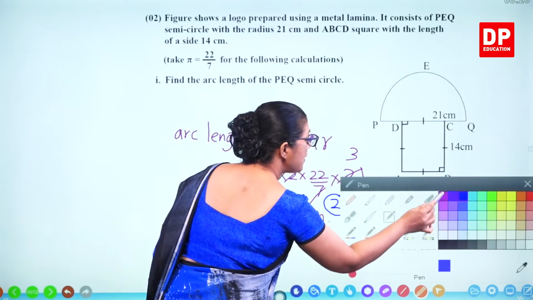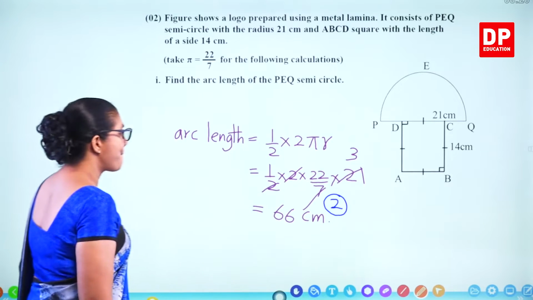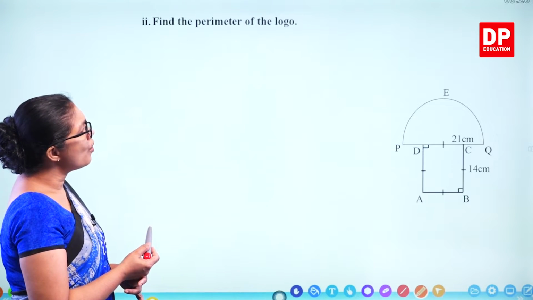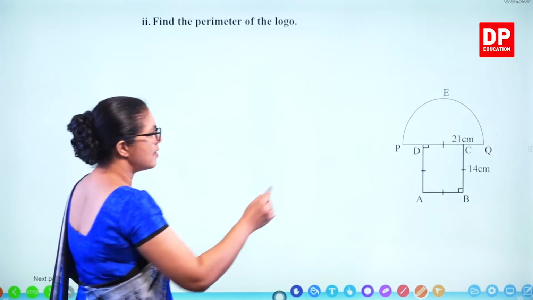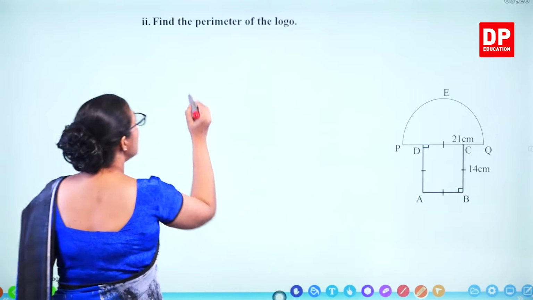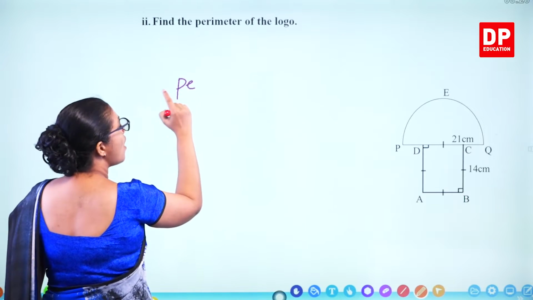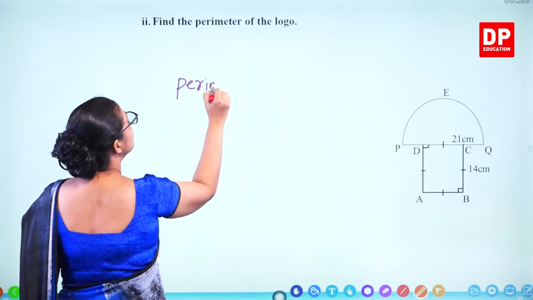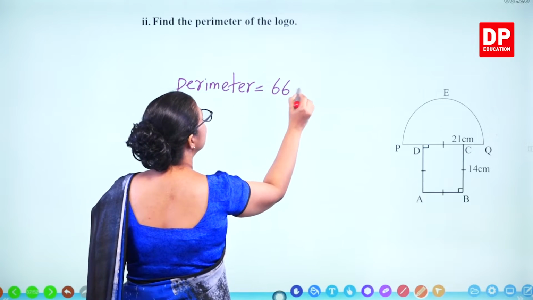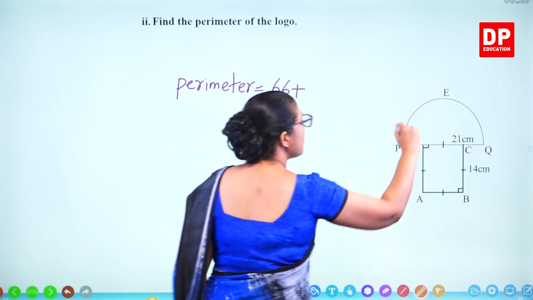Now we'll look at the next one. Find the perimeter of the logo. Perimeter means you have to find out the outer length. So we found out the PEQ arc length. So that's 66. So that part is okay.